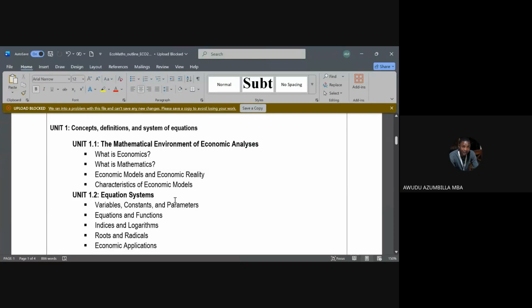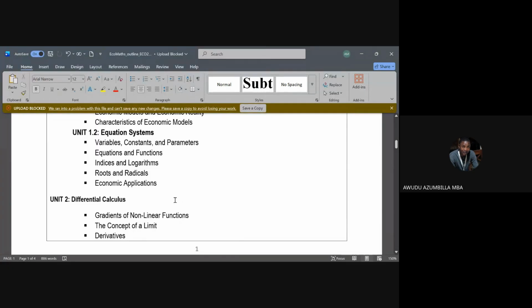Then we move on to systems of equations. Here we'll be looking at the various types of equations that we can think of. When we talk about equations in economics, we always want to link one equation to another or to link one variable to another. The variables will help us explain the behavior of economic agents.